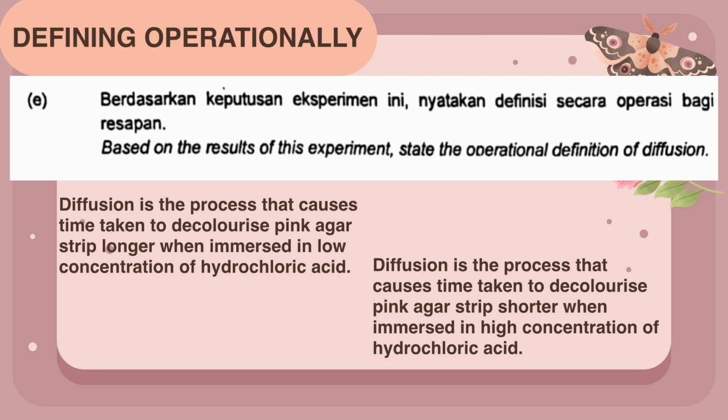Or you can also use the second answer. Diffusion is the process that causes the time taken to decolorize pink agar strip shorter when immersed in high concentration of hydrochloric acid. Basically, both answers are the same except they are opposite. The first one is a low concentration of hydrochloric acid, and the second one is a high concentration of hydrochloric acid.